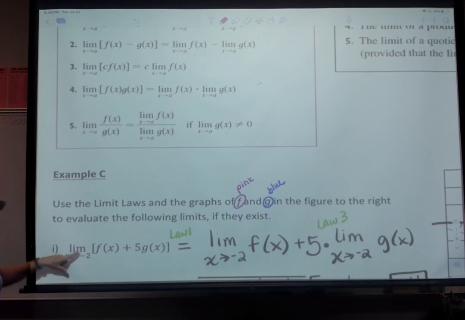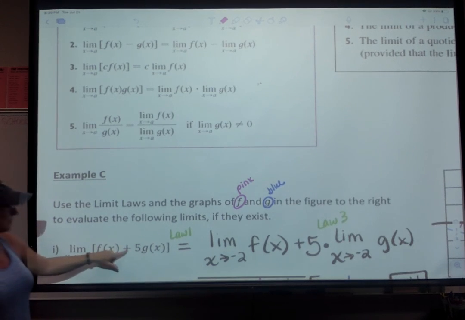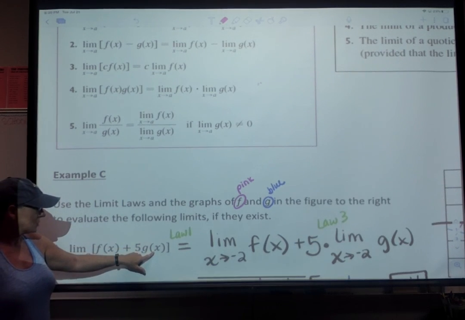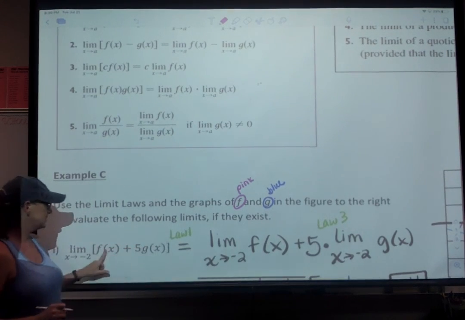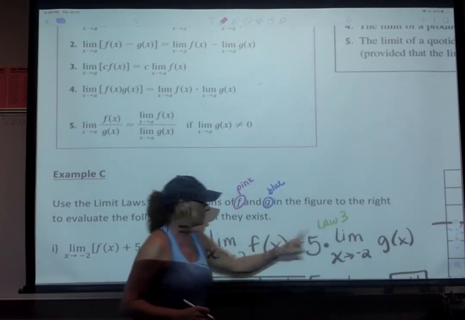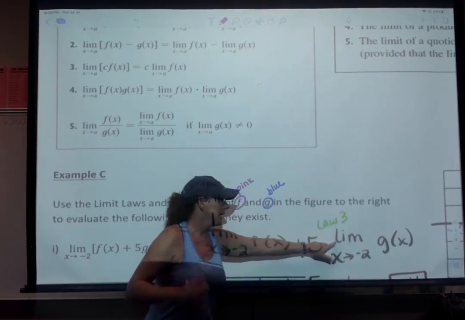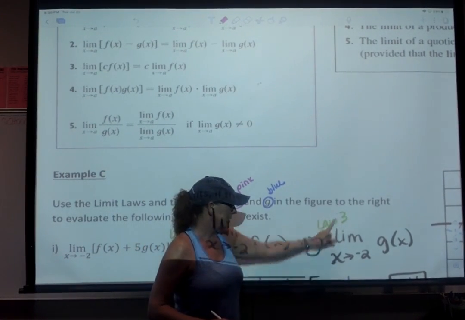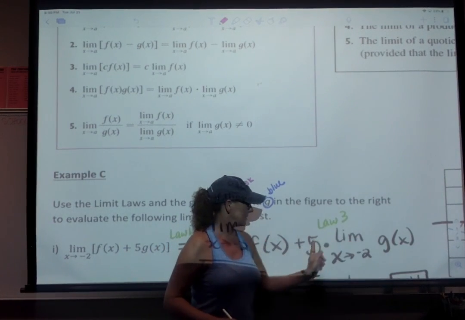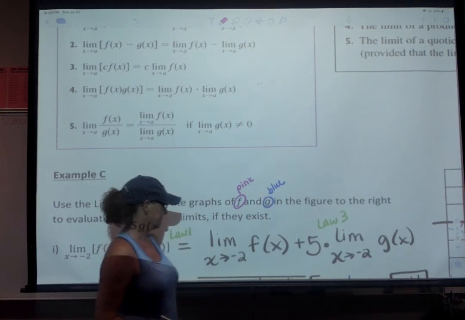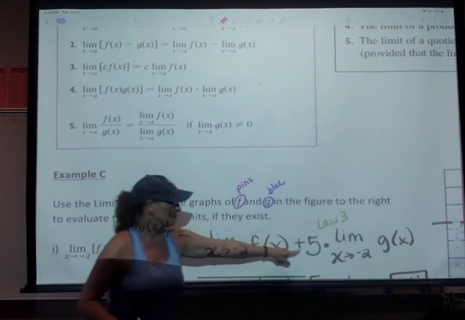So it's saying, let's do the limit as x approaches -2 of this one plus 5 times this one. So first of all, I used law number 1 to split these into two separate limits. And I used law number 3 to pull this constant off of g of x and put it out in front. Split them, pulled off my constant.